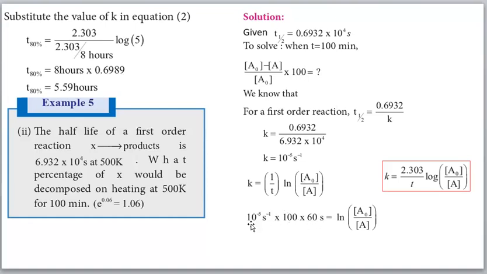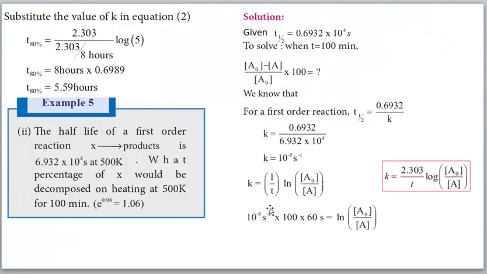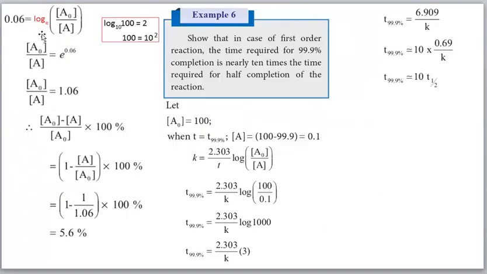So instead of this value, we can write 0.06. Then here ln, natural log, that means log base e. Instead of ln, we can write log base e. Then here the value A0 by A.